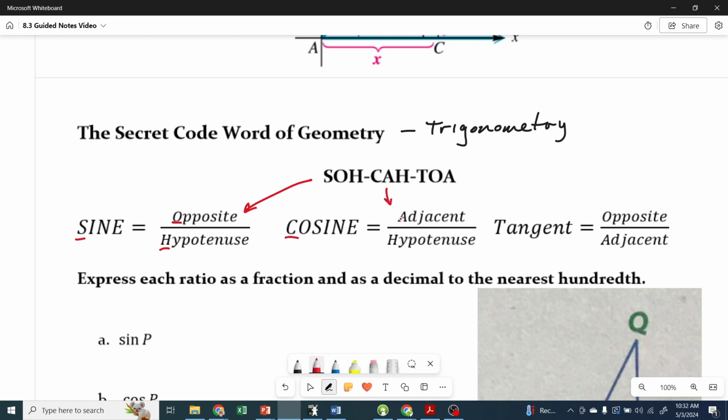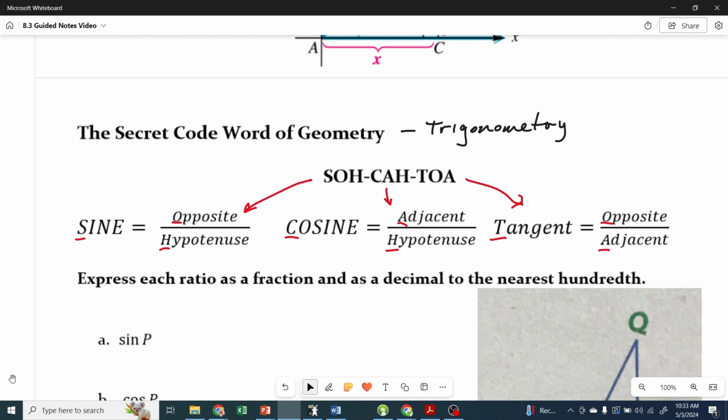Cosine is adjacent over hypotenuse. Tangent is opposite over adjacent. SOHCAHTOA. This word is important that you memorize it because you're going to use this.